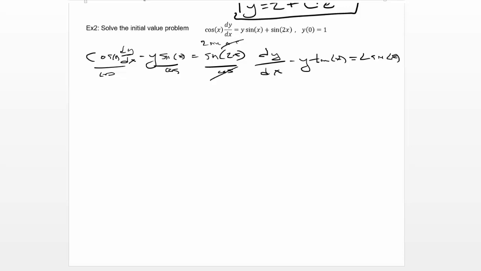Further, I recognize that for this integrating factor method, my integrating factor should be e to the integral of p of x, and my p of x is, I can think of, tangent.